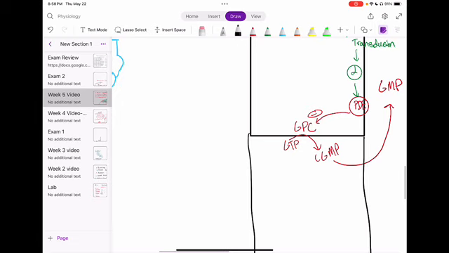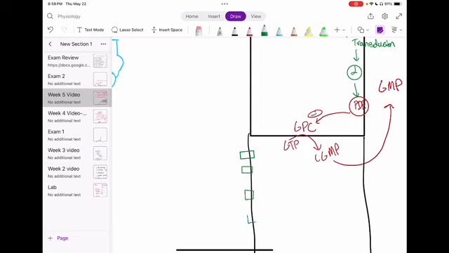So the major impact is here. We have these channels throughout the cell that normally let in sodium and calcium.